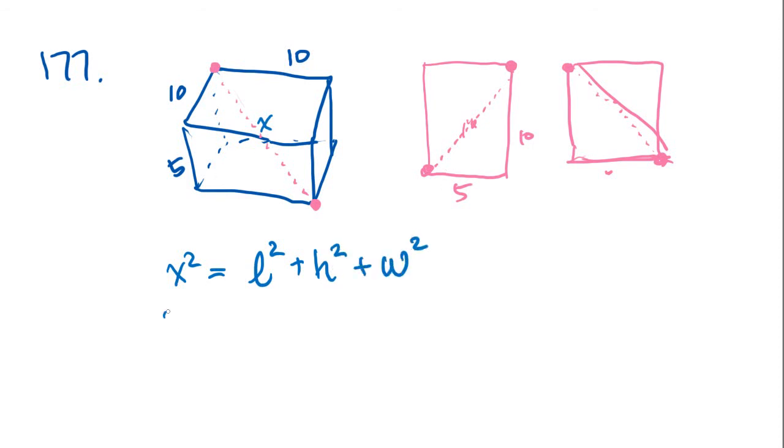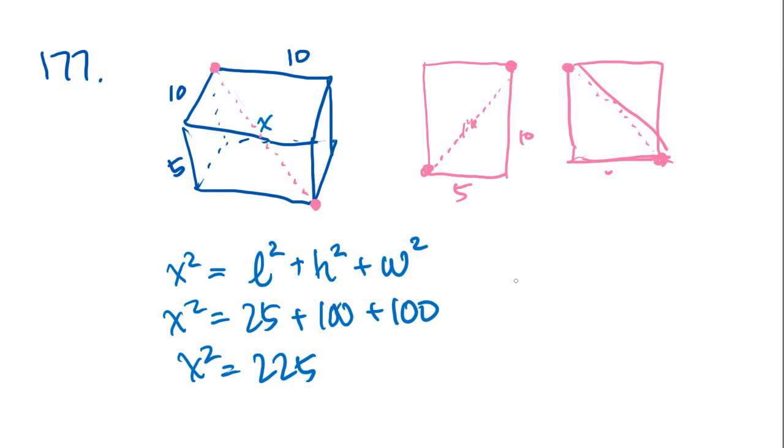So plug in the numbers, and we get 5 squared is 25 plus 10 squared is 100 plus 100. That means x squared is 225, and therefore x equals 15. And 15 is going to be answer A.